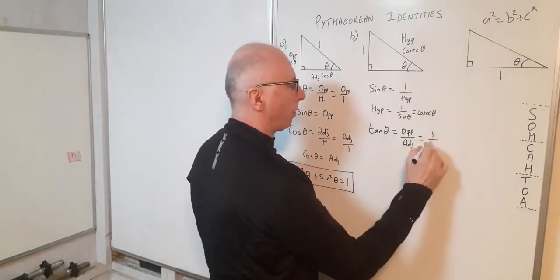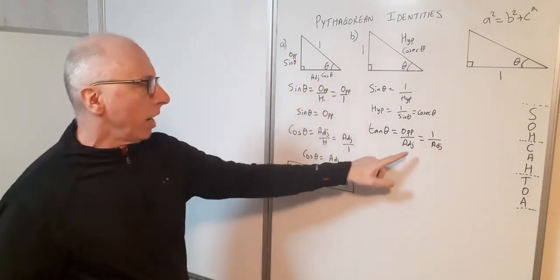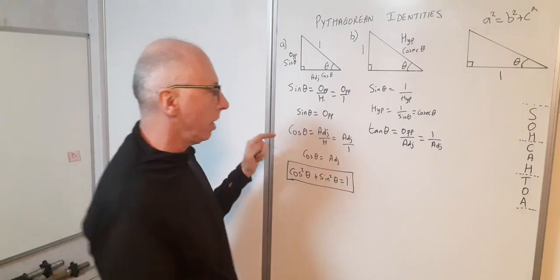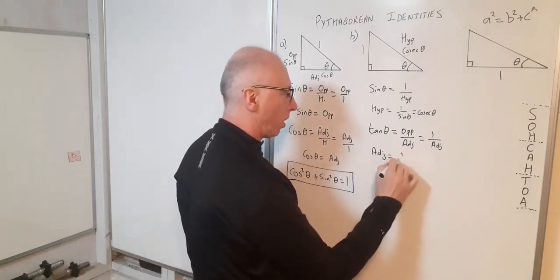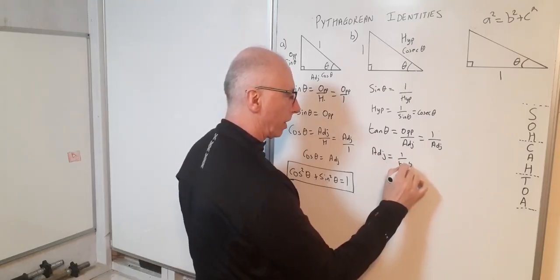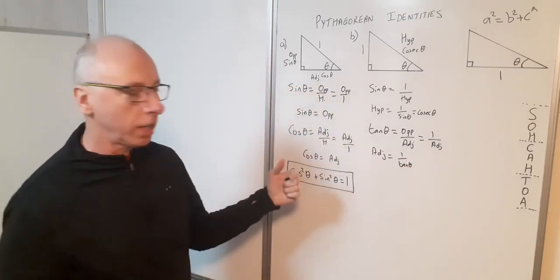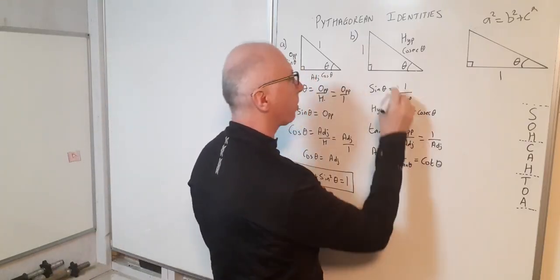So 1 over the adjacent. Now if I bring the adjacent here and the tan theta here, I've got my adjacent equals 1 over tan theta. Now the reciprocal of tangent theta is cotangent theta. So basically my adjacent side is cotangent theta.